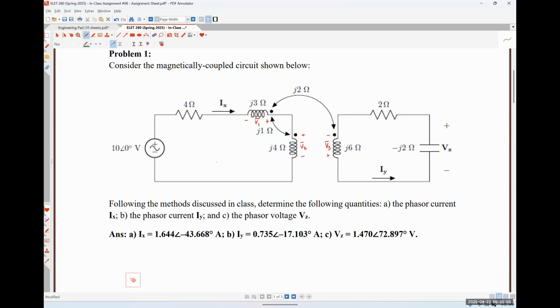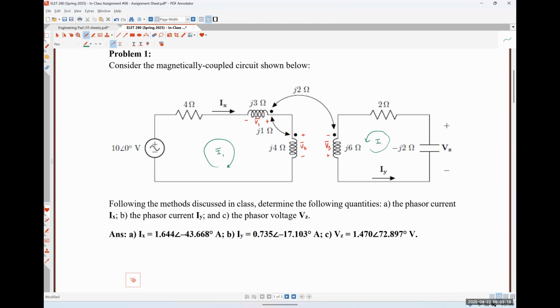So here is my mesh current flowing clockwise, which I'm going to call I1. And then let's see, Wyvern, would you like for our second mesh current to be flowing clockwise or counterclockwise? Counterclockwise, all right.